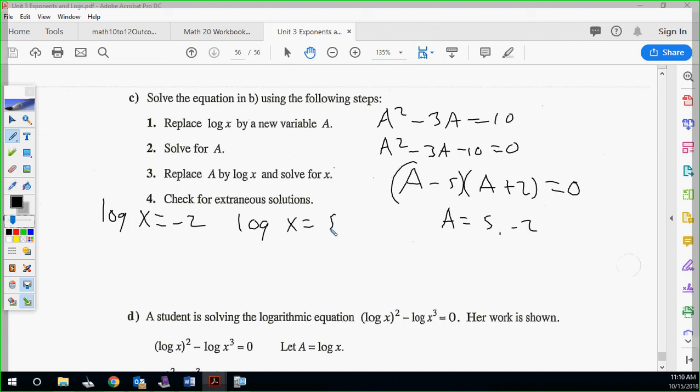And so what we're going to do is see what that means. X equals 10 to the negative 2, so it's 1 over 100. 1/100th is the answer for the first one. For this one, x equals 10 to the 5th.